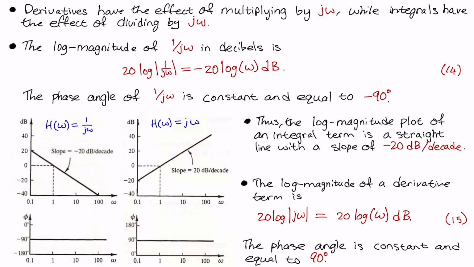So in this case, it's now just a positive straight line with a slope of 20 dB per decade. In this case, for a derivative term, the phase angle is 90 degrees and is also constant.